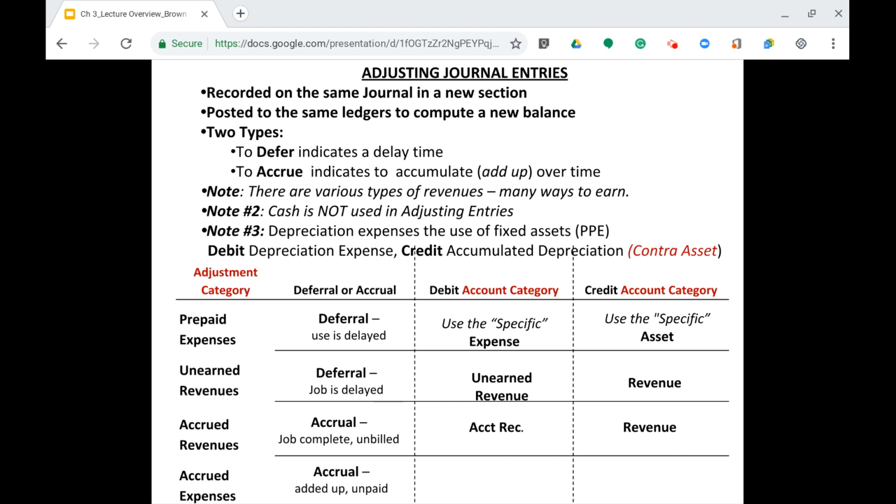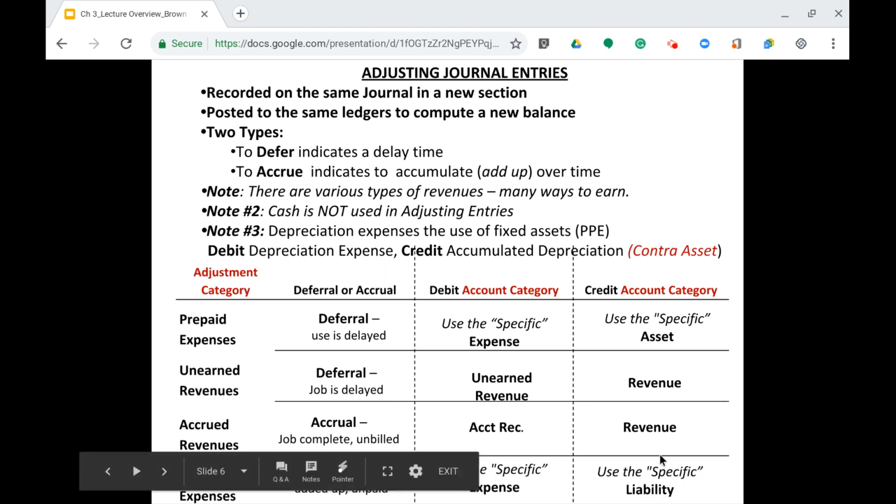The last one is accrued expenses. You've added up or accumulated some expenses and you haven't paid them, like the dry cleaning expense bill that we got in the mail, but we had not yet paid it. That makes it an accrued expense. So anytime you add up expenses, you increase your liabilities.